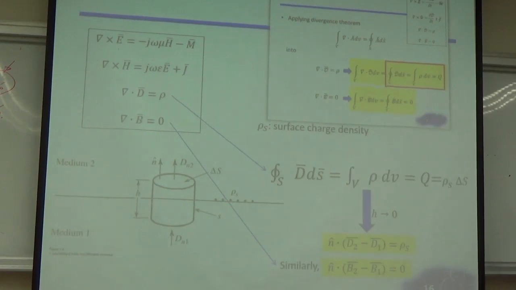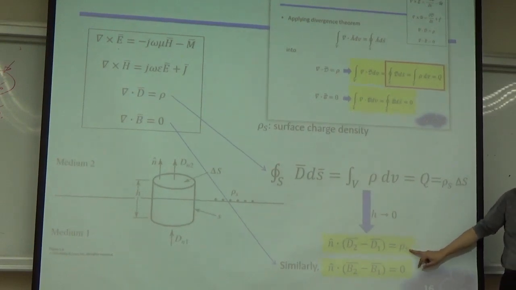Maybe you think it's complete, but I want to be more accurate. My question is, what is rho S? What is the equation of rho S, and how do we obtain rho S?